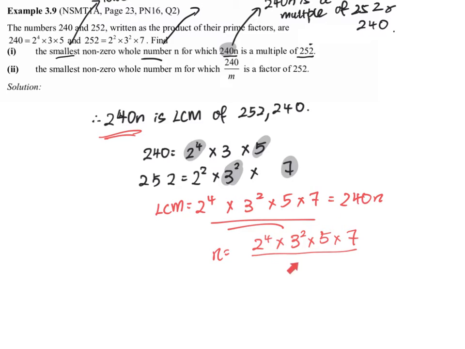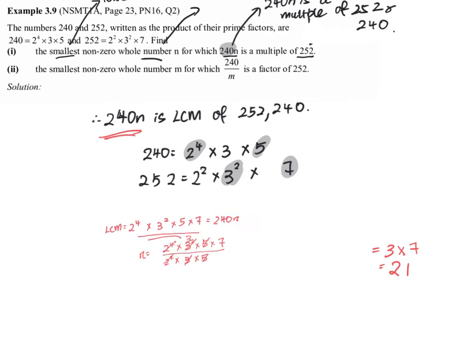If I divide by 240 here, I'll just rewrite 240 as 2 power 4 times 3 times 5. So just do your cancellation. You can see that n is equal to 3 times 7, which is equal to 21. So that is part 1.